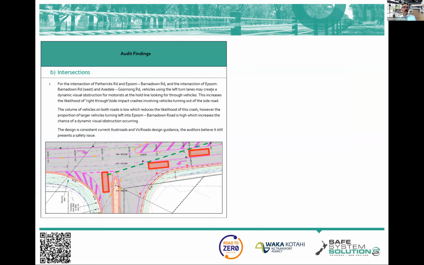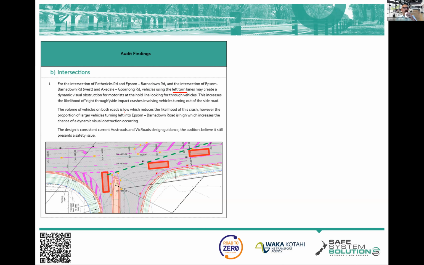So we actually write this up then. So we say for the intersection that we've got here, vehicles using the left turn lane may create a dynamic visual obstruction for motorists at the hold line looking for through vehicles. This increases the likelihood of right through side impact crashes involving vehicles turning out of the side road. The volume of vehicles on both roads is low, which reduces the likelihood of the crash.